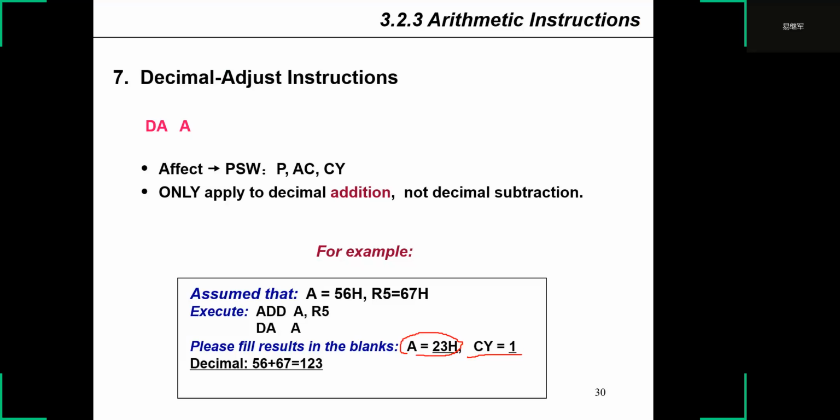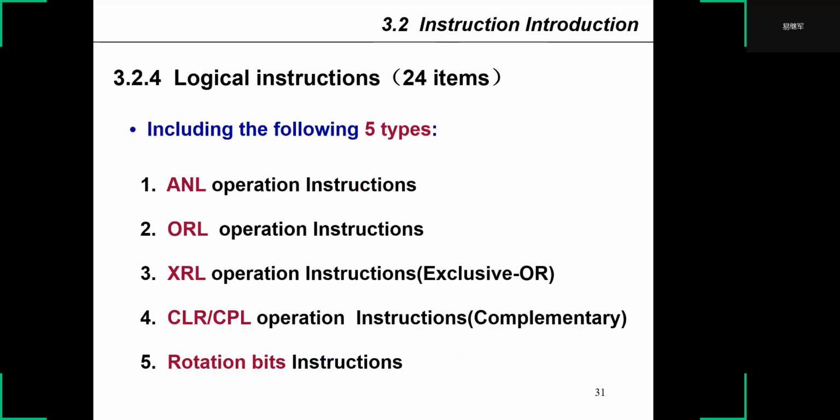So we get 1, 2, 3 for the decimal. We use DA just to change the binary result to decimal.